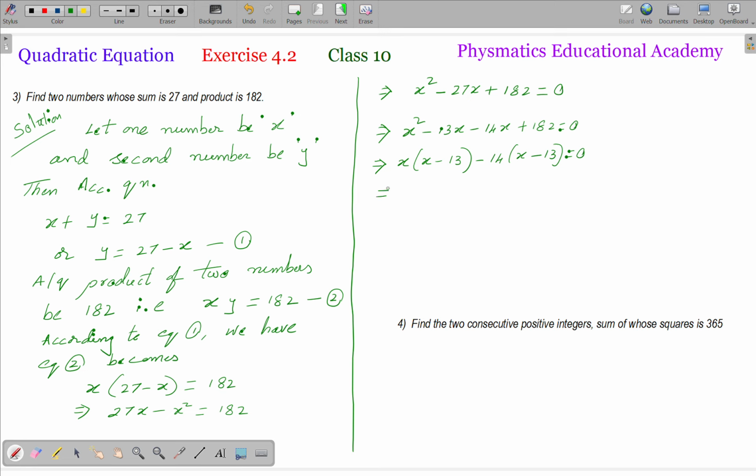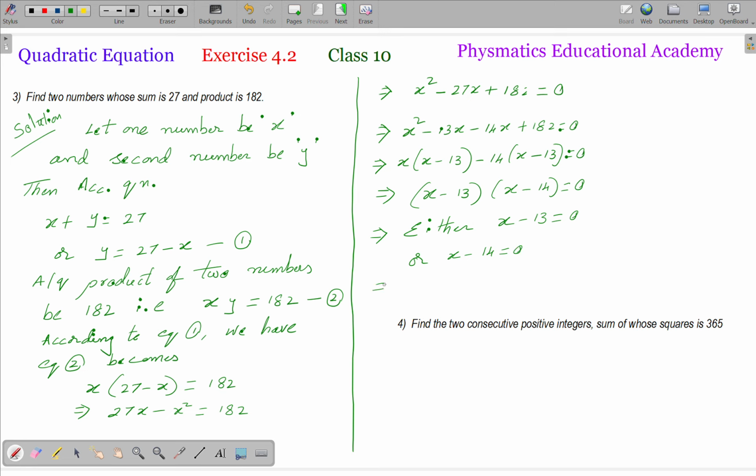That implies either x minus 13 is equal to 0 or x minus 14 is equal to 0.